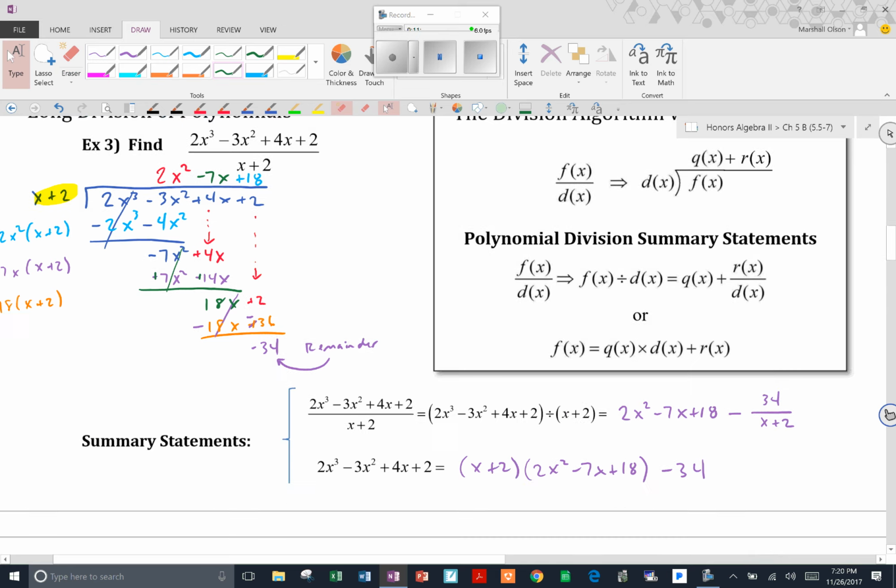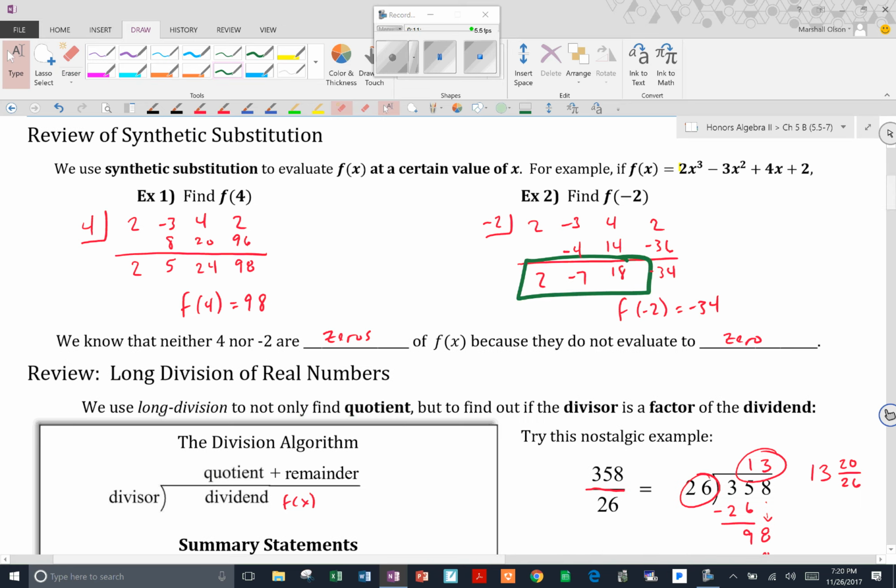From now on, we're going to call this little process that we did synthetic division. Because essentially what we're doing when we put negative 2 in is we're dividing this by x plus 2, when we put that 0 in, or what's a possible 0 of the function. Okay?